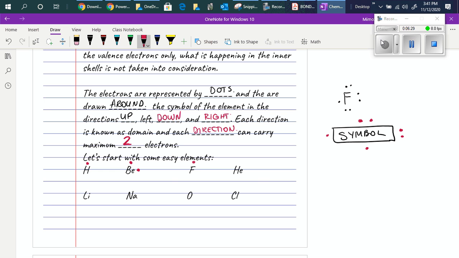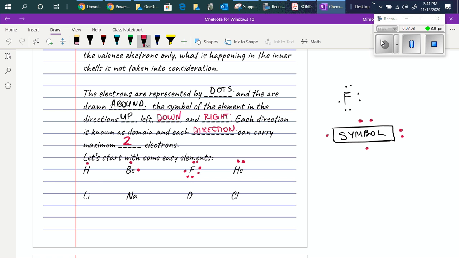So we'll start with 1, 2, 3, 4, 5, 6, 7. Helium, which is in the second place of the periodic table, has 2 electrons. So helium is an exception. And we will draw those 2 electrons here because helium has only 1 energy level, and on that energy level, the maximum that it can carry is 2.